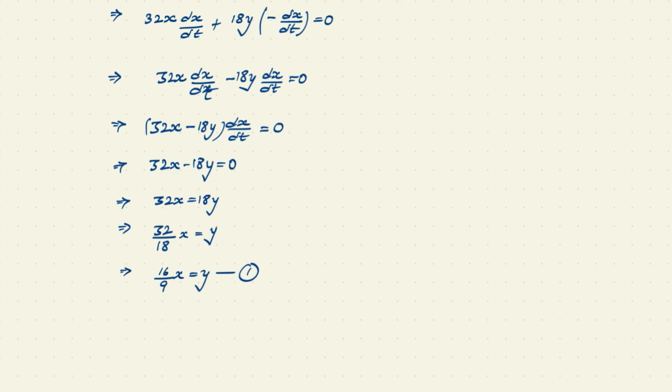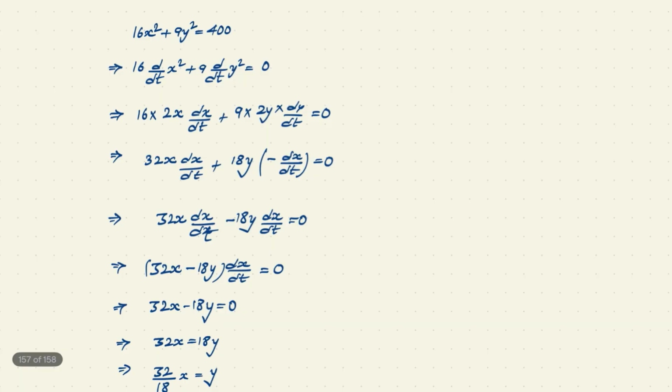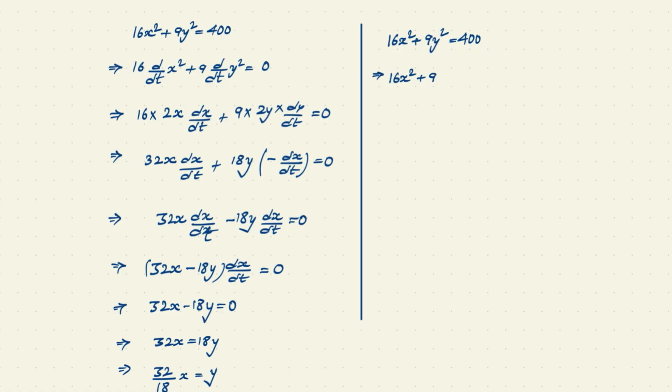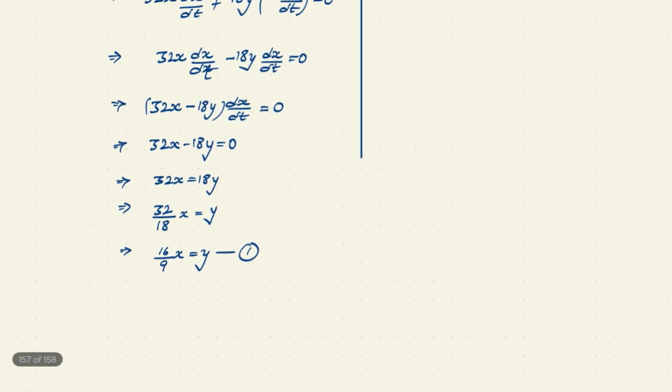So let this be equation 1, and let us put this value of y in the given equation of the ellipse. So my equation of the ellipse is 16x square plus 9y square equals 400. So this implies 16x square plus 9 into, see, the value of y we have just got in equation 1 is 16 by 9 x. So let us put it here.